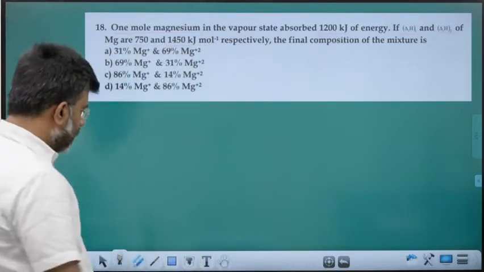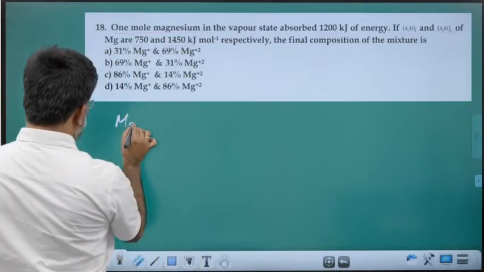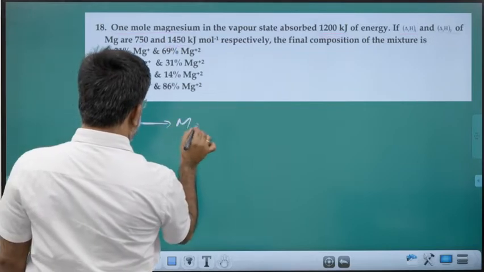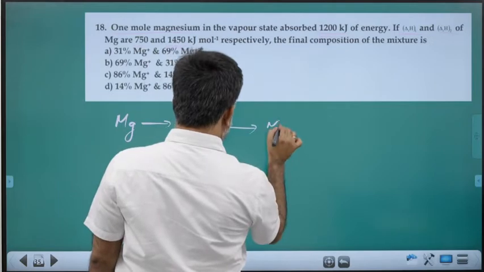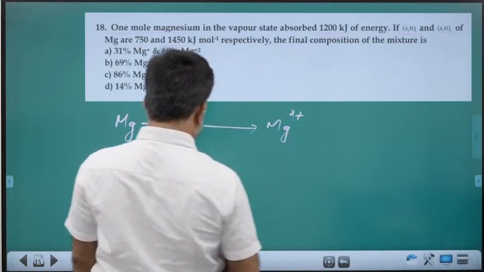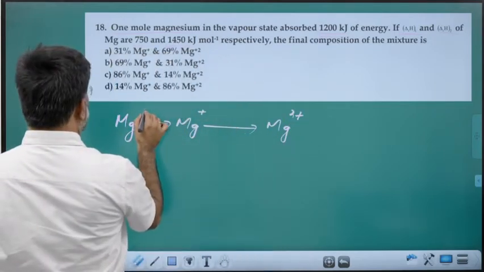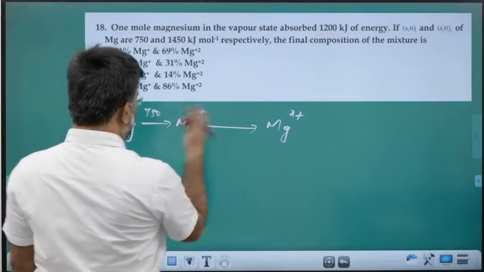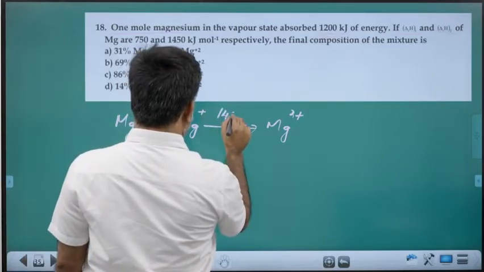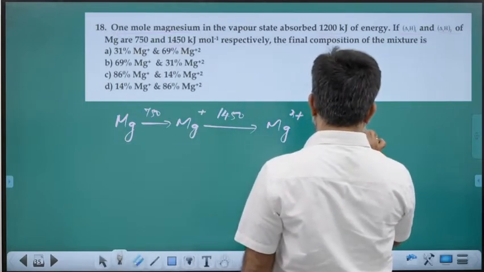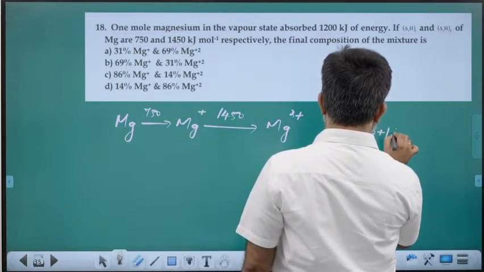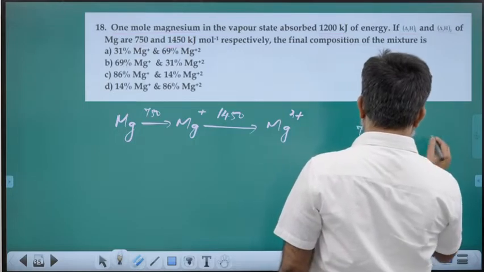Suppose you are taking magnesium 1 mole converted to Mg plus, and from there converted to Mg2 plus. For the first conversion you need 750, for the second you need 1450. So for total conversion you need 750 plus 1450.